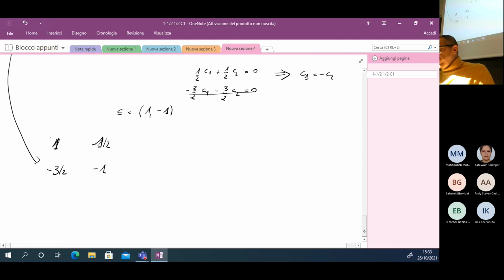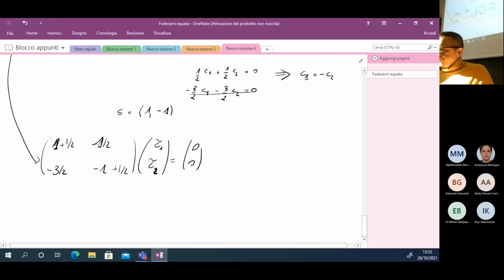Lambda 2 is minus 1/2, so this is plus 1/2, plus 1/2, which multiplies C tilde 1, C tilde 2 equal to 0, 0. So this is 3/2, 1/2, minus 3/2, minus 1/2, C tilde 1, C tilde 2 equal to 0, 0.